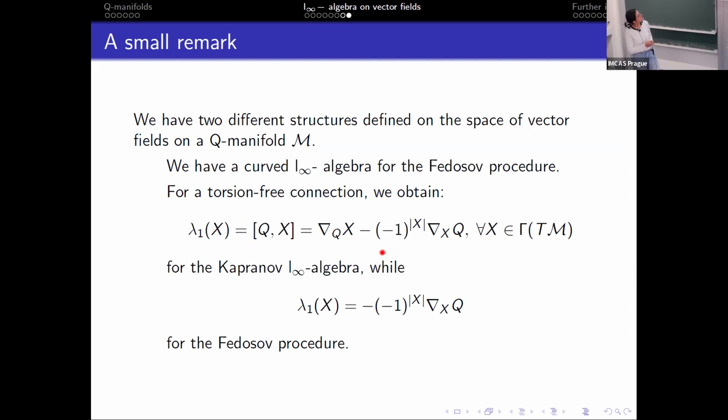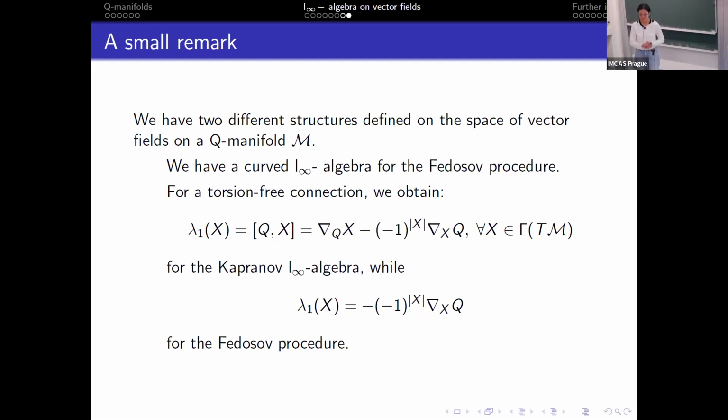As I showed before, the first order map is given by the Lie bracket along Q. Instead, in the other construction, we just have this covariant derivative. So you see that the differences are just for one term. In the second case, we just lack the other covariant derivative. So this is one of the differences between these two structures.